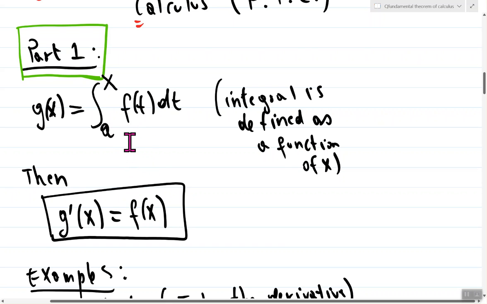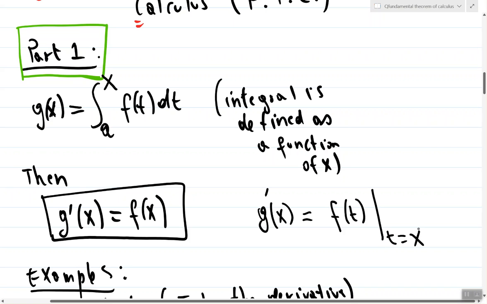It's simple. So first you copy the integrand and then you evaluate the integrand at t equals x. That gives you f of x, the derivative of this integral function.